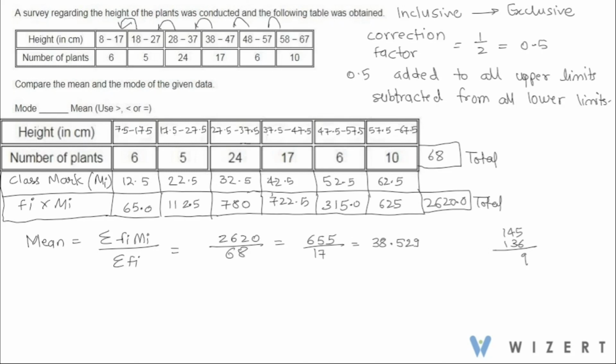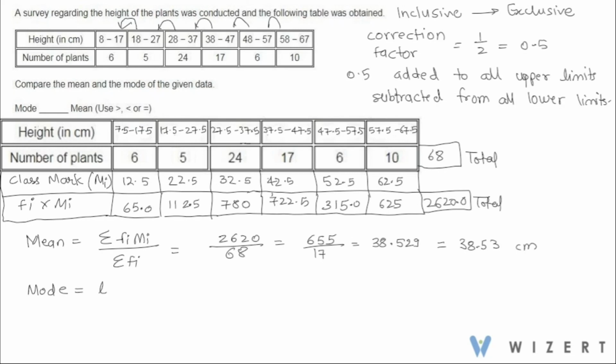We'll stop here and write this answer as a decimal number with 2 digits after the decimal point. So the mean height of all the plants is 38.53 centimeters.